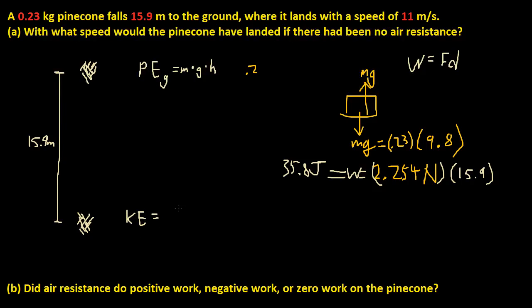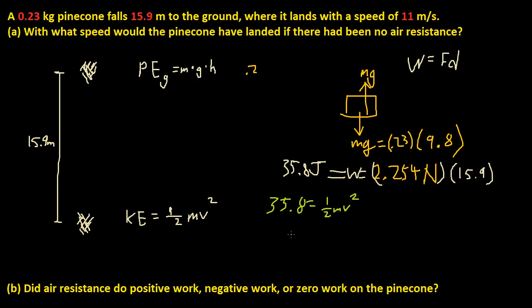And what is kinetic energy? It's 1/2 mv squared. Since our potential energy is 35.8 joules, that is equal to the kinetic energy at the bottom. So 35.8 is equal to 1/2 mv squared.